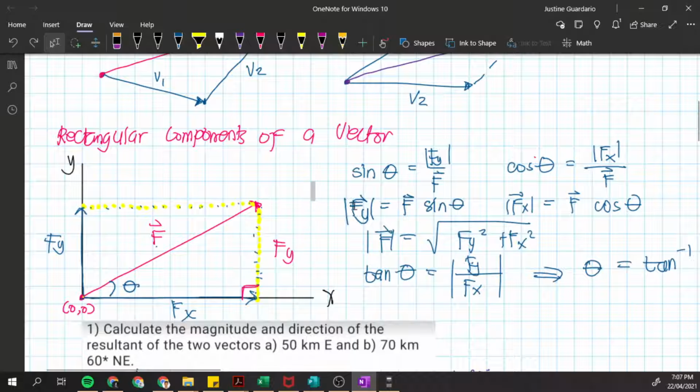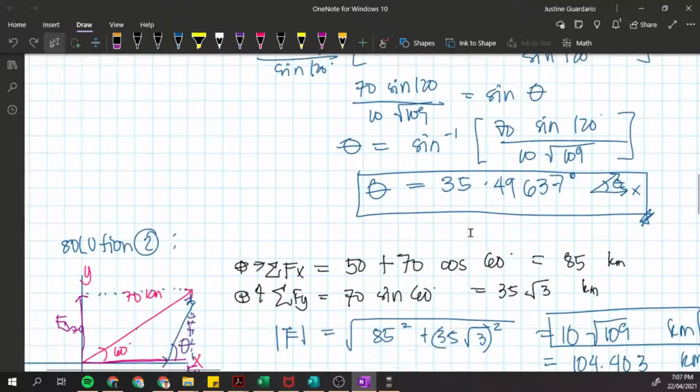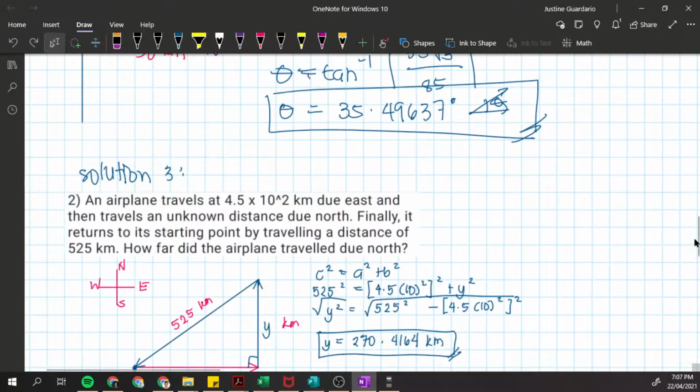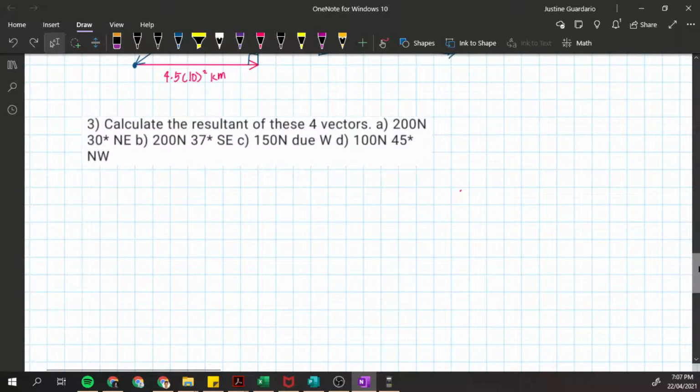The component of the vector along y is equal to F sine theta. For x, F of x is F cosine theta. So let's solve this problem. Let's add these vectors or find the resultant of these vectors.